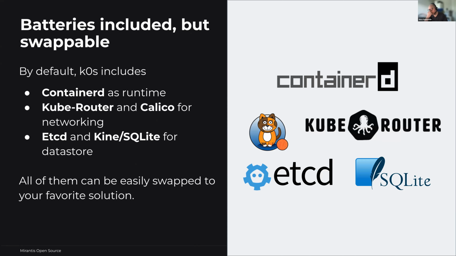We of course include all the needed bits and pieces to run a full-blown cluster, but of course you as a user are free to swap out some components if you want. So we bundle containerd as the runtime. There are options to run kube-router or Calico as the networking.